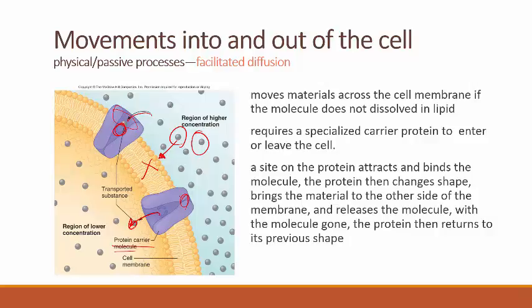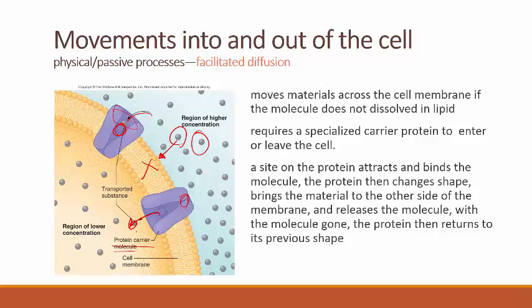No ATP is required for this to happen. It's really cool that we've got these molecules that, if they can bind a specific material that they interact with, it causes their shape to change, and it dumps that material inside the cell. How cool is that?